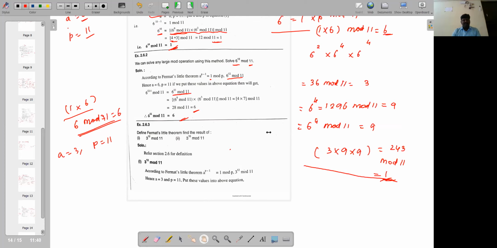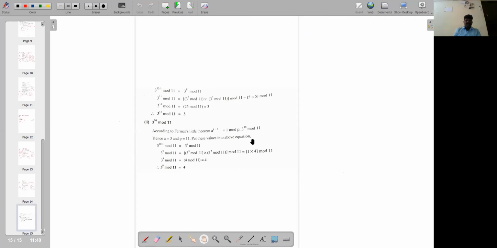I'm expecting the answer from your end. Are you all getting these answers, which are 3 and 4? If required, I can elaborate a bit more. How many of you got these answers? 3 and 4. Yes.